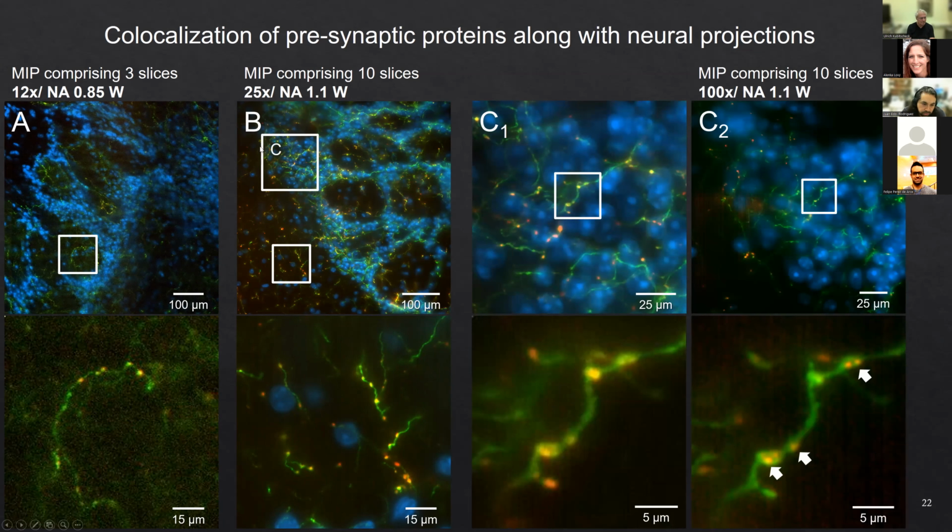So if we focus in this region of interest, marked in B, so this is with the 25x objective that we have, and you can see nicely the neuronal projections, but maybe the colocalization is not that precise. If we have a look with a 100x magnification objective, so in this case we have exactly the same area, and here we can see exactly where the synaptophysin proteins are located along this structure.